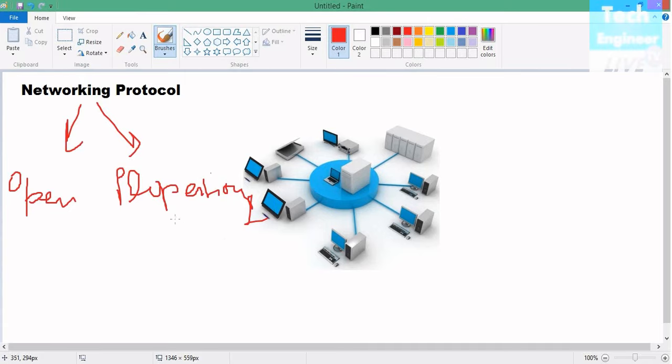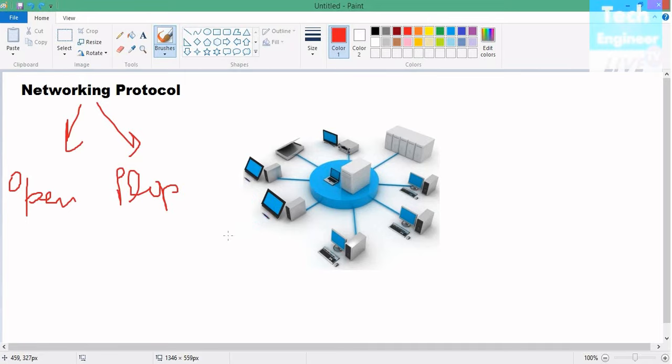Open means accepted by everyone. Proprietary means a particular manufacturer has a particular type of protocol. Open means all the manufacturers will accept the protocol. Proprietary means a particular vendor created a protocol, and it will only be used on their own manufactured computers.